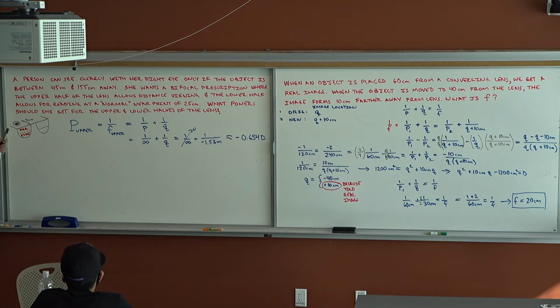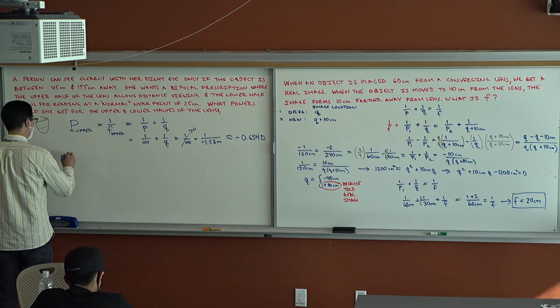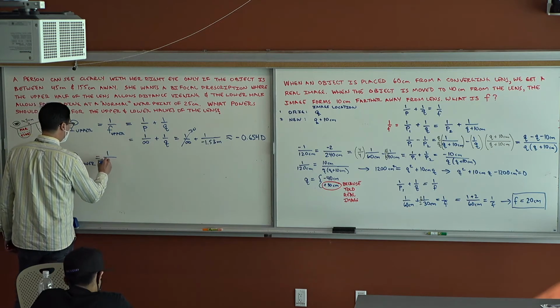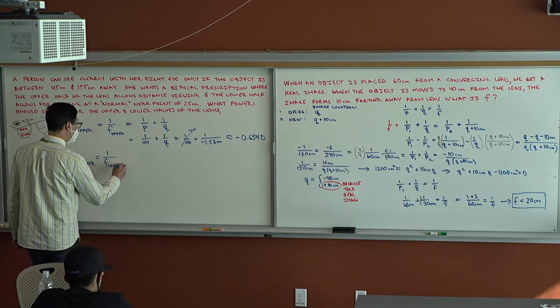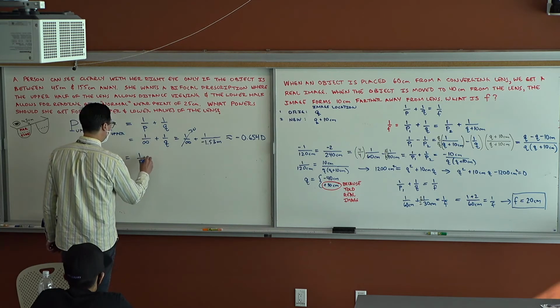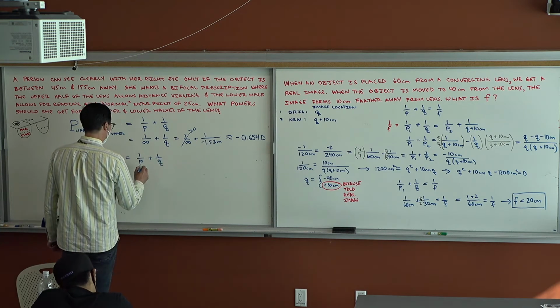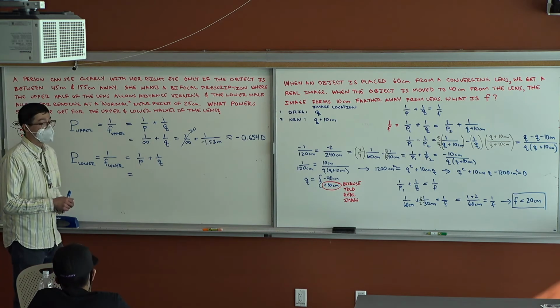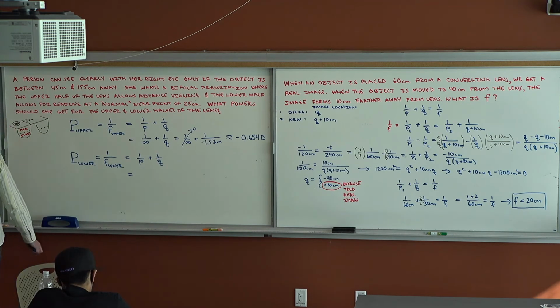That's the upper half. Now we gotta worry about her close-up vision. And so 1 over F lower is 1 over P plus 1 over Q. And this time, our object distance, how far away does she want to hold this?